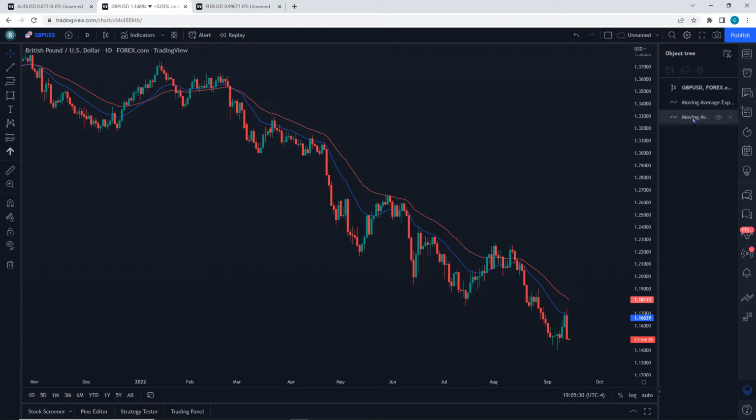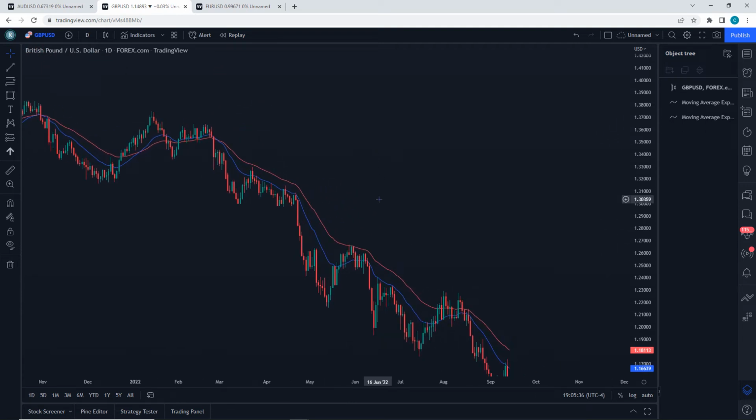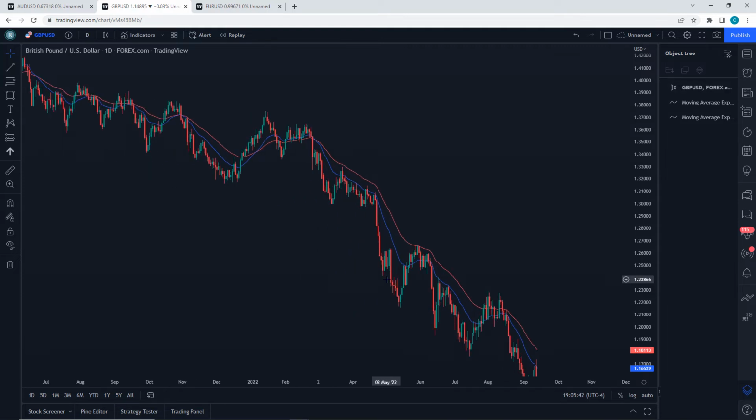You don't have to necessarily use the exponential ones for your crosses. And this is just kind of some training wheels to tell where you should be looking for the trend to continue and exactly where the market is wanting to go. So, in this case, you wouldn't be looking for buys for as long as the 20 is below the 40.